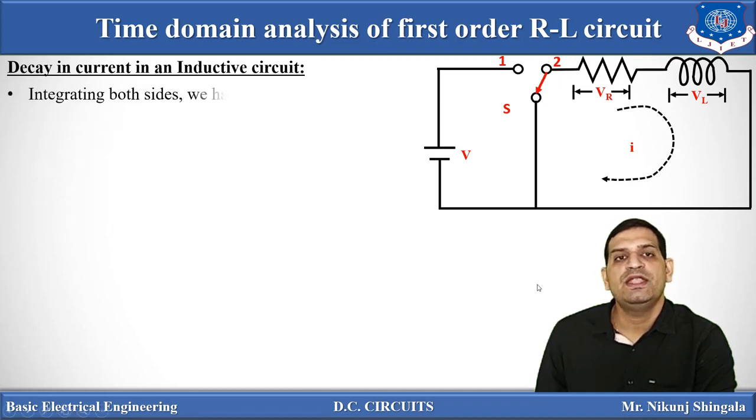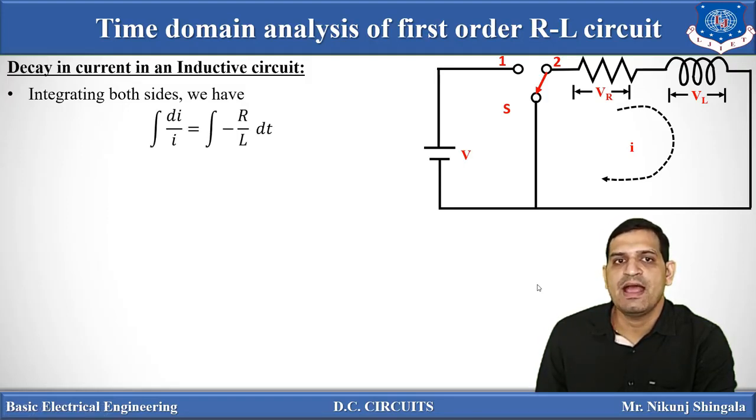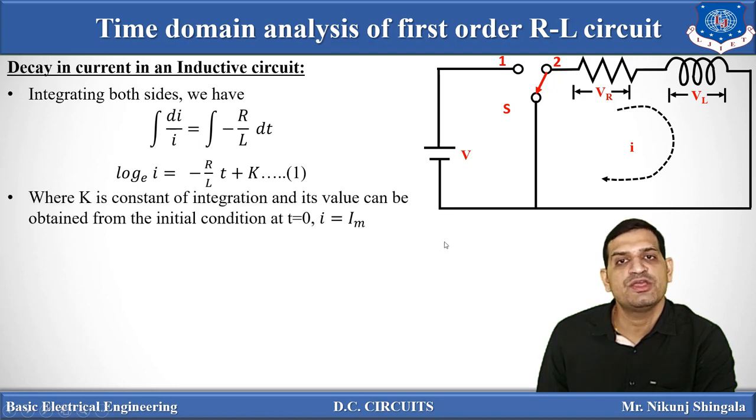Now if we integrate both sides, we get ∫di/I = −∫(R/L) dt. The integration of 1/I with respect to I is log I to the base e. The integration of 1 with respect to t is t. So we can write log I = −(R/L)t + k, where k is an integration constant which can be found using the initial condition.